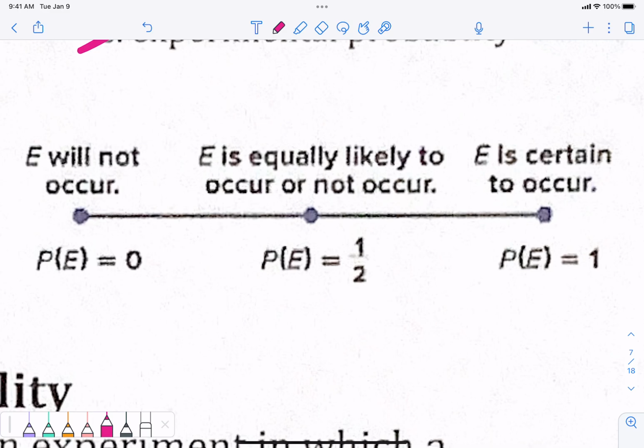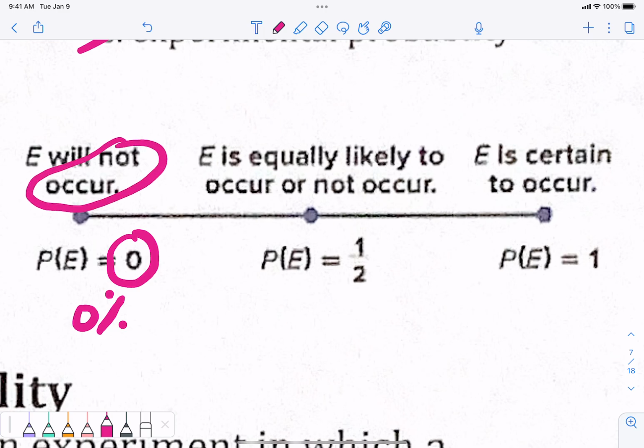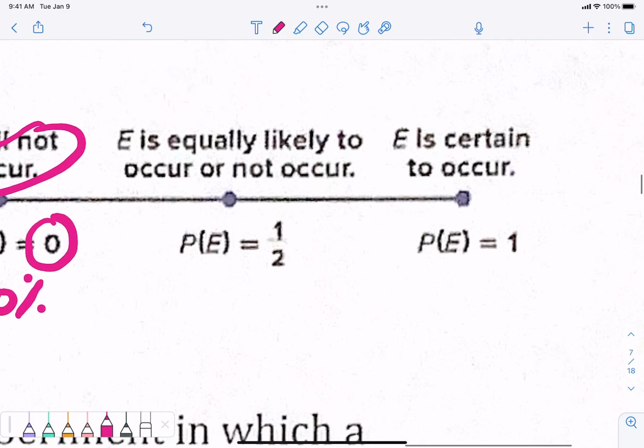I'm going to go over here real quick. You can have a probability of something happening be 0, or a 0% chance, in which case it's not going to occur. You can have a probability of 1, which is a 100% chance if we move the decimal and make it a percentage, and that is certain to occur. It's going to happen.